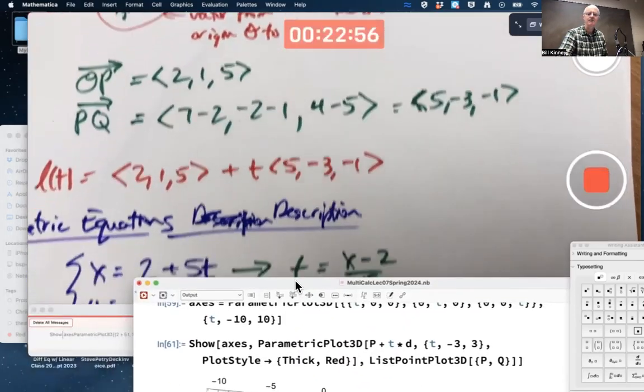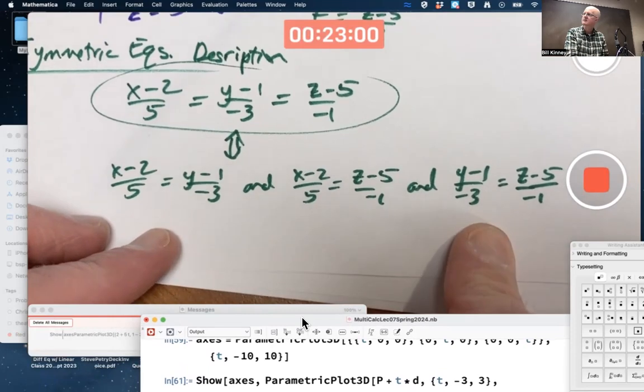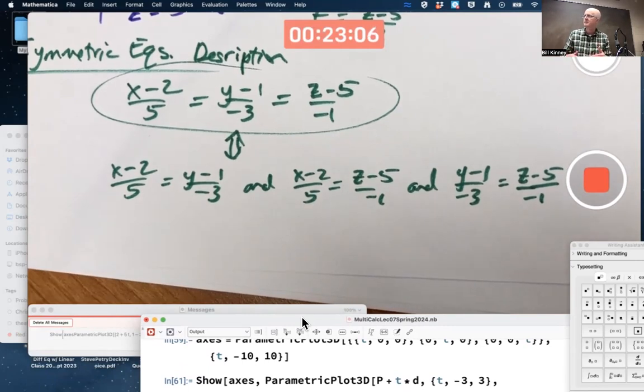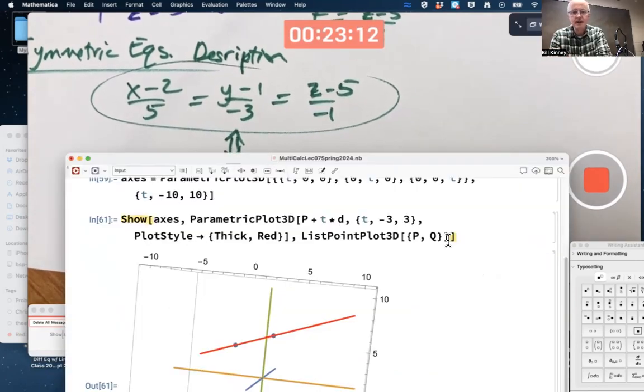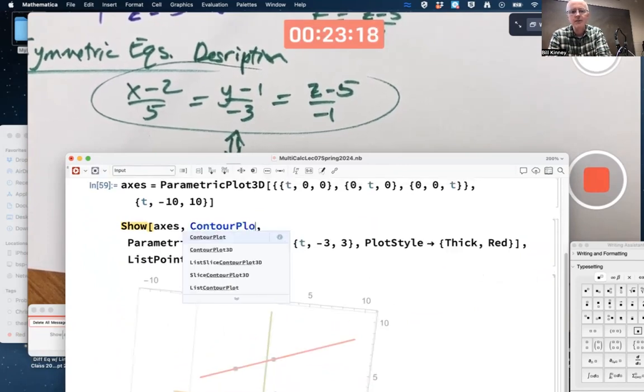Can I plot effectively these three separate equations? These three separate linear equations in x and y are all, in fact, going to be planes. To make planes based on those kinds of equations, what you'd want to use is contour plot 3D.